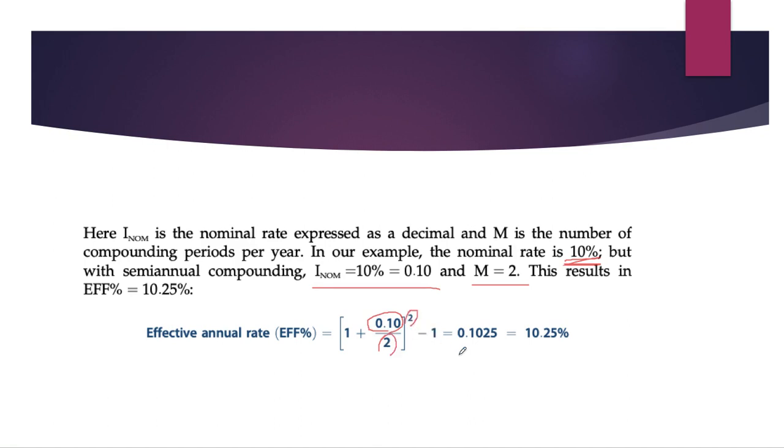So the effective annual rate is 10.25%. So if we invested $100 at the beginning, we will make $10.25 as the interest from this 1 year investment.